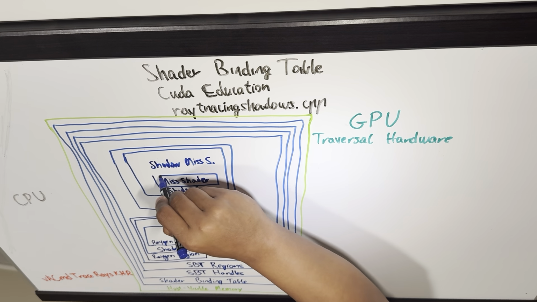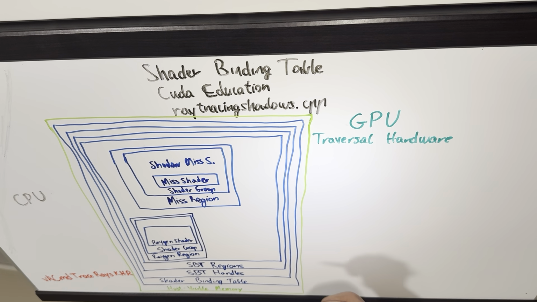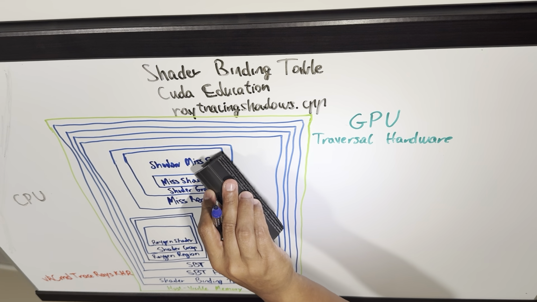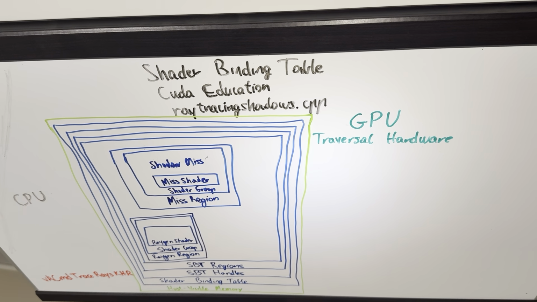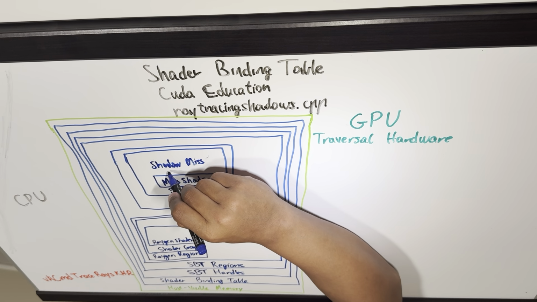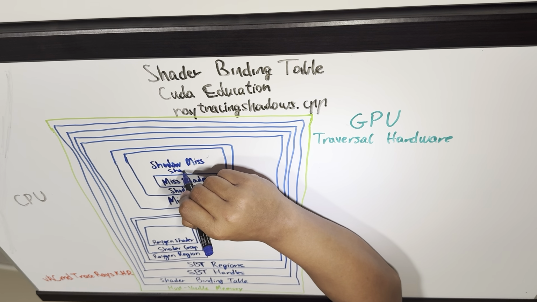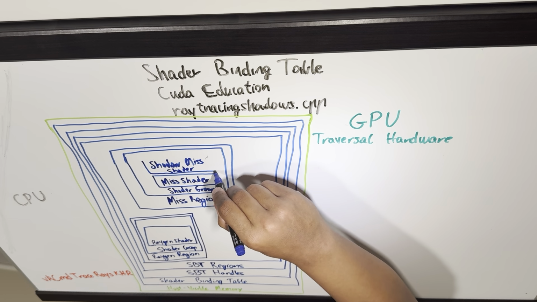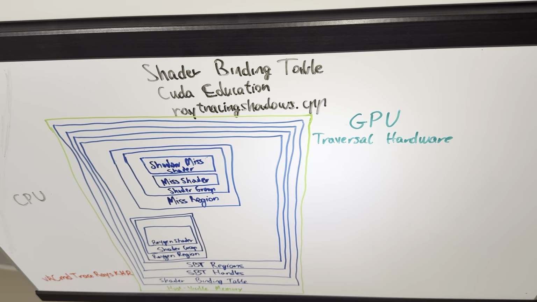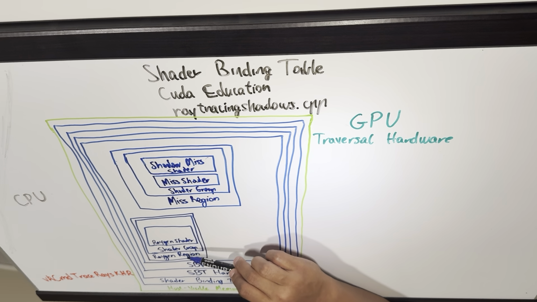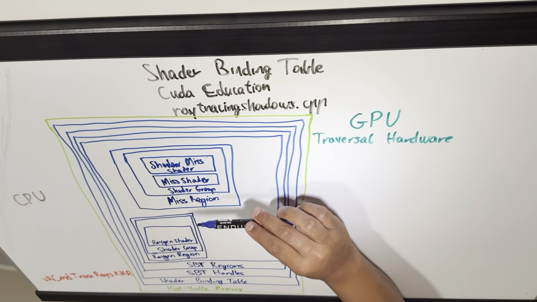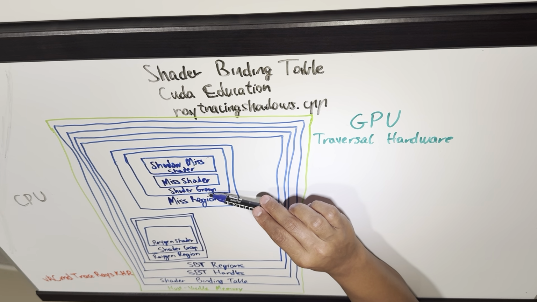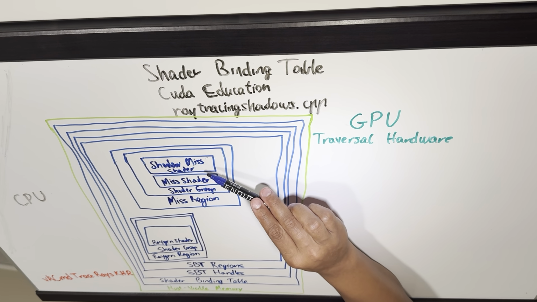We have our shadow miss shader and we have our miss shader. All right, so we have our region, our shader group, and our region shader. We have our miss region, our shader group, and our miss shader and our shadow miss shader.